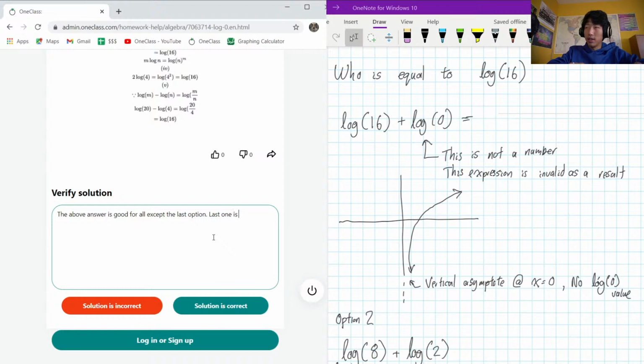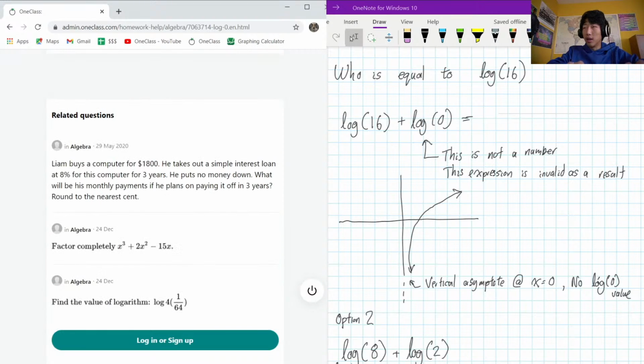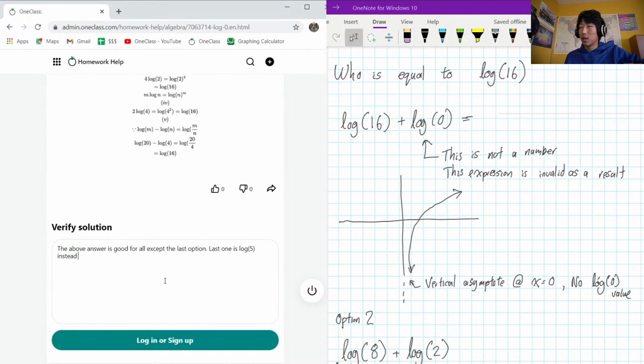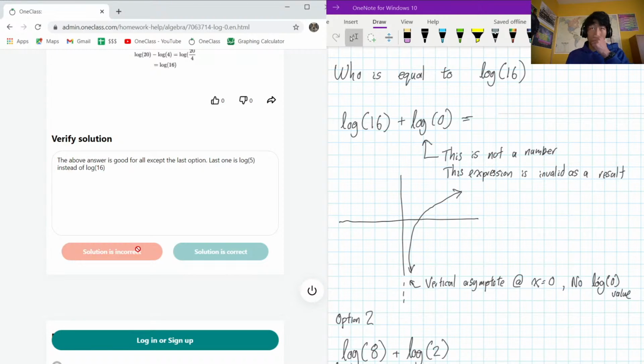Last one is log 5 instead, whoops, of a log 16. Cool.